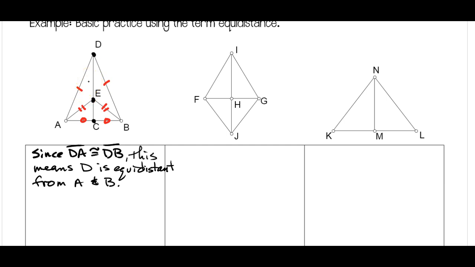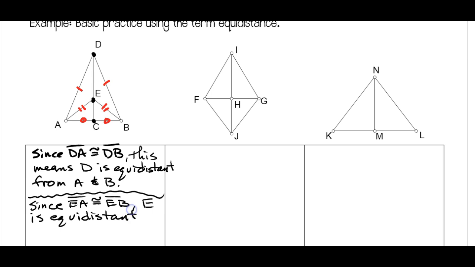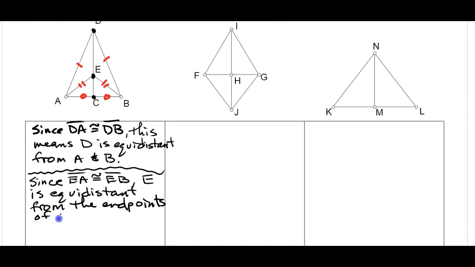It's the same distance from A as it is from B, and we know that because the segments are congruent. And there's another way we could phrase this as well. We'll look at that with point E. So we see that EA and EB are congruent, so E is the same distance from A as it is from B. Or another way we could say this, since EA is congruent to EB, E is equidistant from the endpoints of segment AB.